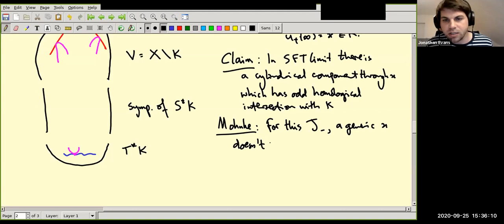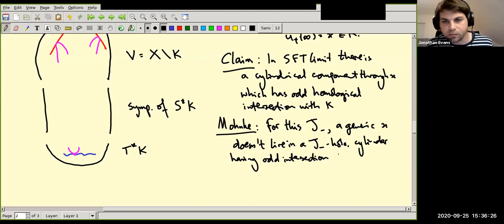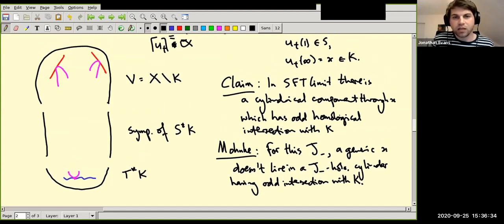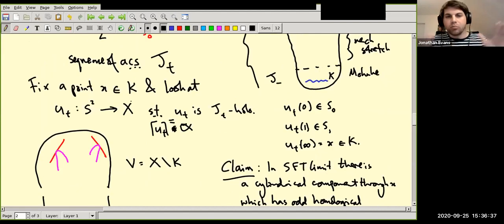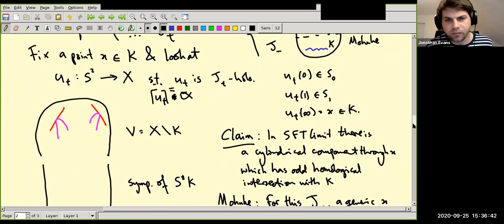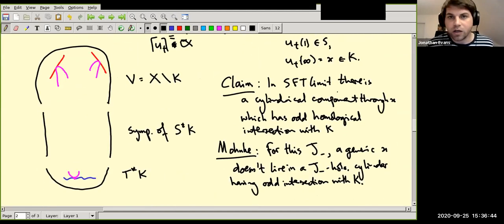It doesn't live in a J minus holomorphic cylinder having odd intersection number with K. So the point is, we didn't really specify which X we're looking at. So this argument works for any X, but for a generic X, this is something we're not allowed to find at the end of the argument. So I'll prove this claim. Are there any questions about this argument?